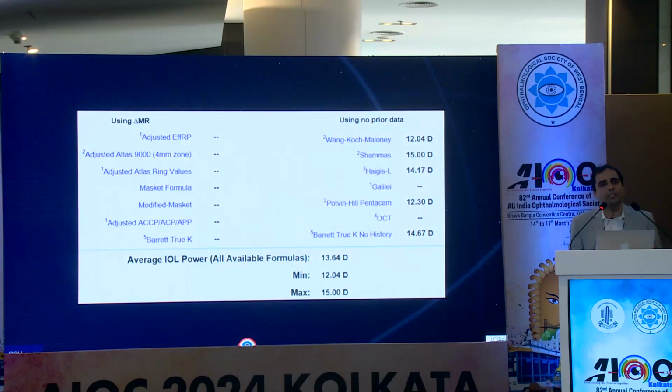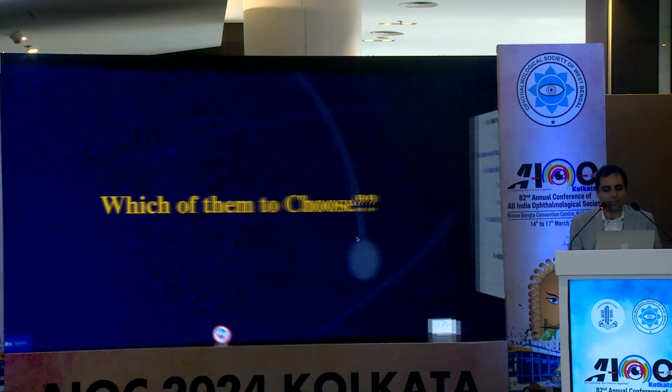And based on the number of data inputs that you give with the number of machines that you have, you will get the calculations done by the different formulas that are there. And out of all of that, it will also give you a minimum, maximum, and an average of all the formulas. So it allows you to pick and choose. And if you have any 1 or 2 favorite formulas, you can go closer to picking a formula based on the calculation there.